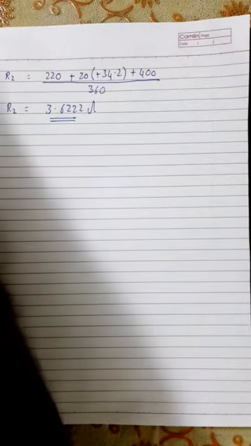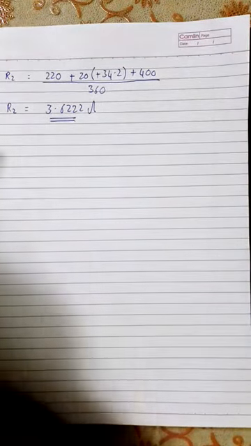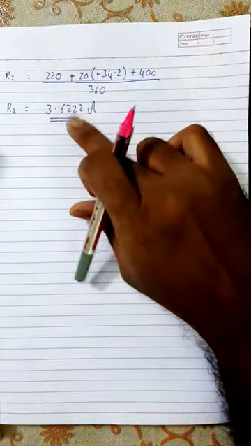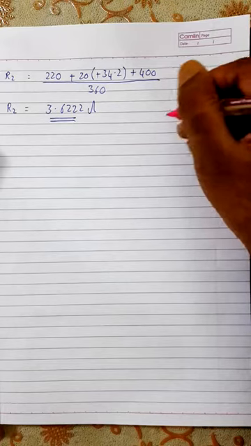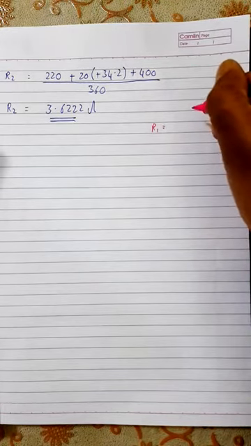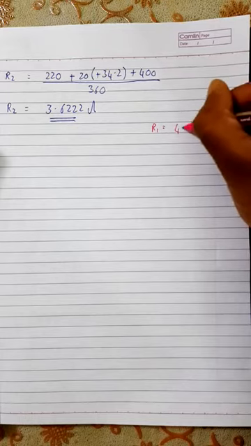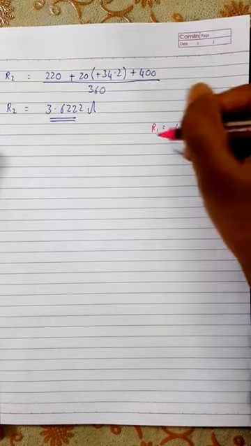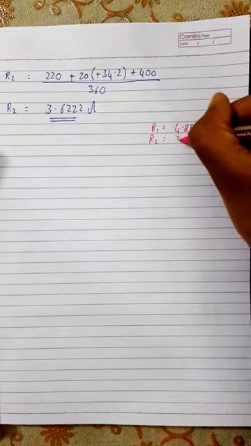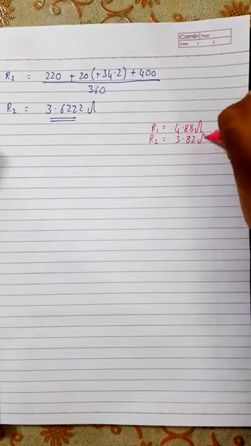So it may be correct or may not be correct, but I don't think it's correct because I applied both mesh analysis and node analysis and I'm getting the same answer. But anyway, I'll just write the answer that's written in the textbook. They said R1 is 4.88 ohms. Okay. According to the textbook, R1 is 4.88 ohms and R2 is 3.82 ohms. Okay.